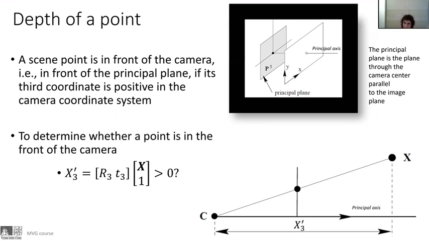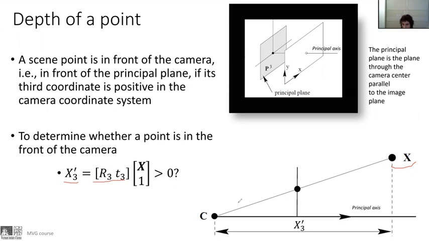If I know x in global coordinates, and now I'm asking whether this point in the whole 3D structure is visible from this specific camera, I can answer the question by multiplying the third row of the camera with x and 1 and get the third coordinate in the local coordinate system of this specific camera.